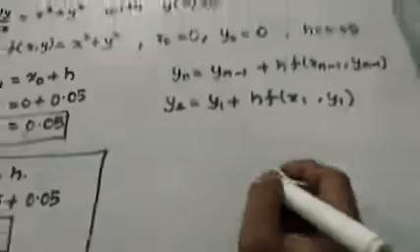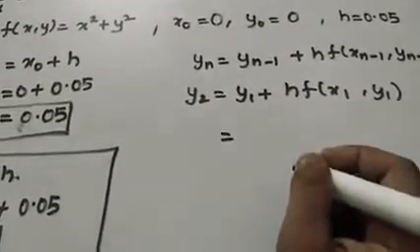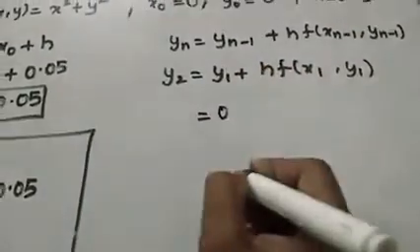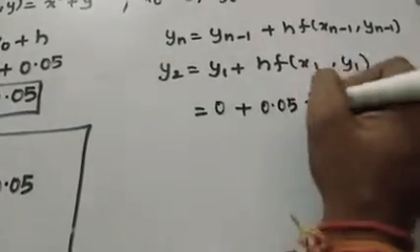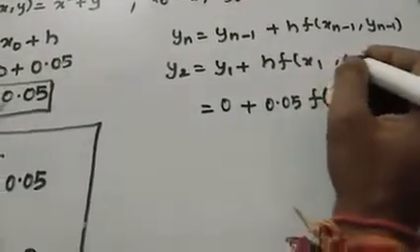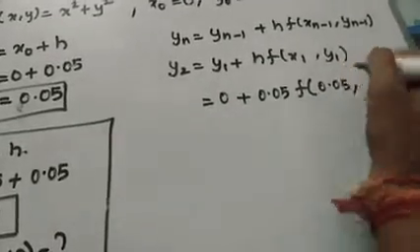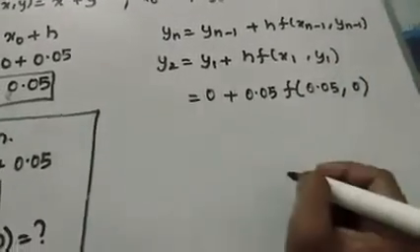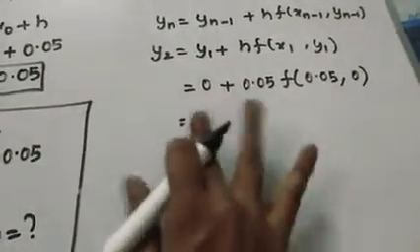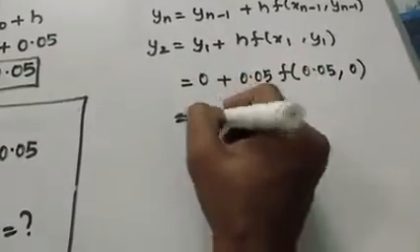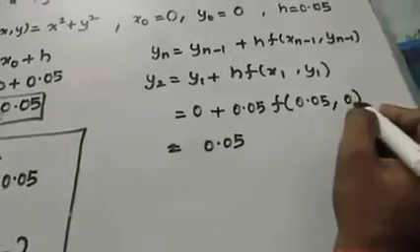Now from the previous step, step number 1, what was the y1 value? 0. h value 0.05. f of x1 comma y1, x1 value 0.05 and y1 value 0. Now since it is 0, we have no need to write this term. Now here 0.05 into f of 0.05 comma 0.